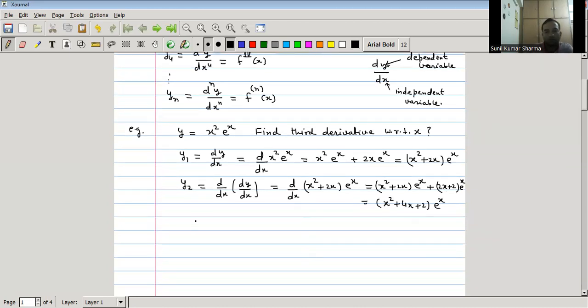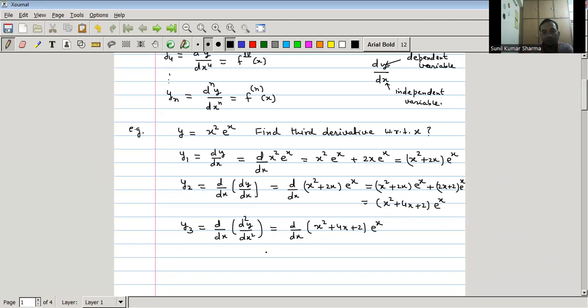So now we again differentiate. We find y3, and y3 is equal to d by dx of d2y over dx square. That is equal to d upon dx of, what is d2y over dx square? This is y2. So x square plus 4x plus 2 into e to power x.